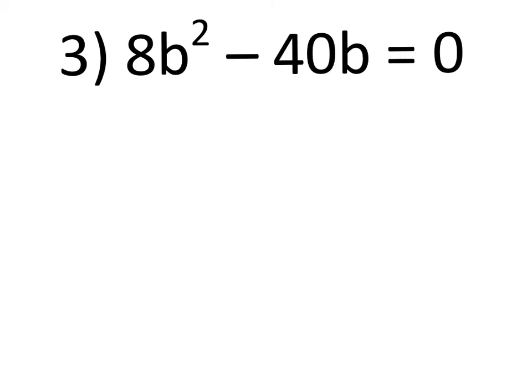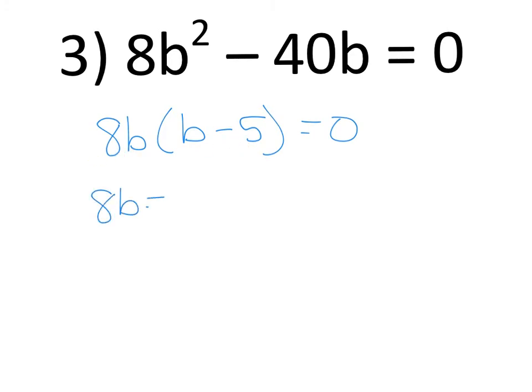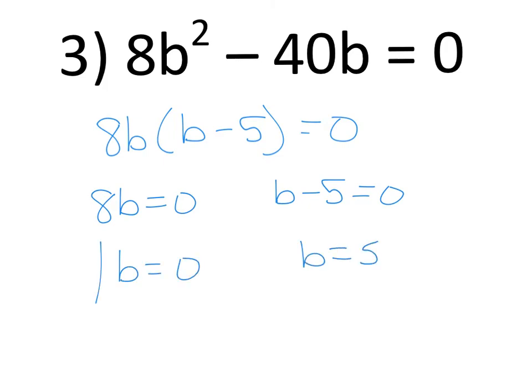On this one, we're going to pull out an 8 and a b, and we'll have b minus 5 left over. So I have factored, and now I will set each factor equal to 0. I have 8b equals 0 and b minus 5 equals 0. Divide by 8, I get 0, add 5, and get 5. So these will both be solutions for this equation.